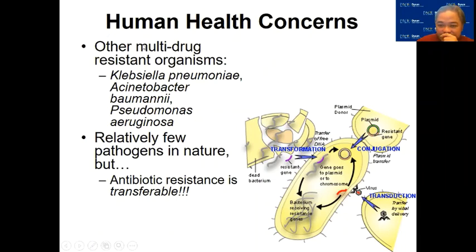So there are already some multi-drug resistant organisms: Klebsiella pneumoniae for pneumonia, Acinetobacter baumannii, and Pseudomonas aeruginosa. There are relatively few such pathogens in nature, but we could say that all antibiotic resistance is transferable because of these processes that we discussed. So imagine the need for us to develop ways to remove antibiotics, especially in bodies of water.